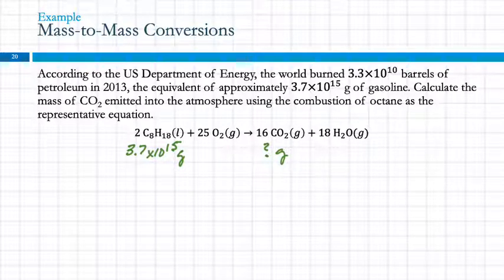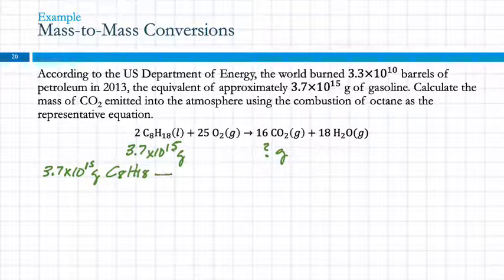So I've identified my starting point and my ending point, and now I can map out a path of how to get there. So grams to moles to moles to grams is probably what we're going to need. So grams of this, 3.7 times 10 to the 15th grams of C8H18.